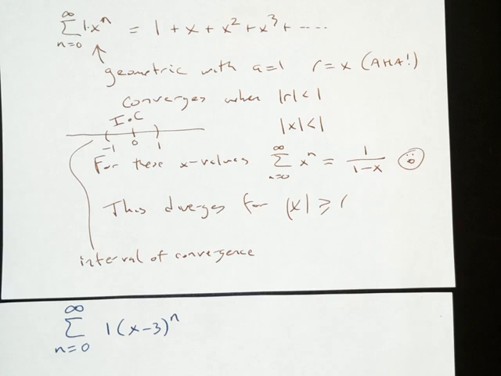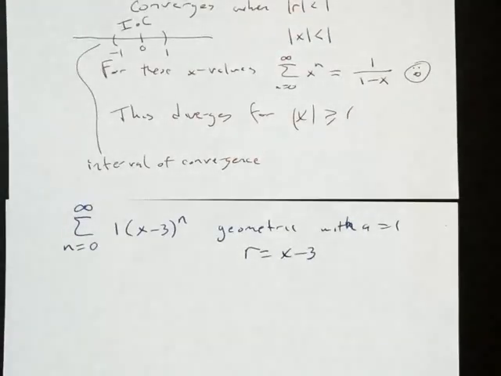Oh, that's a geometric series also. Again, with a equal to 1, but this time r is equal to x minus 3. So where's that going to converge?